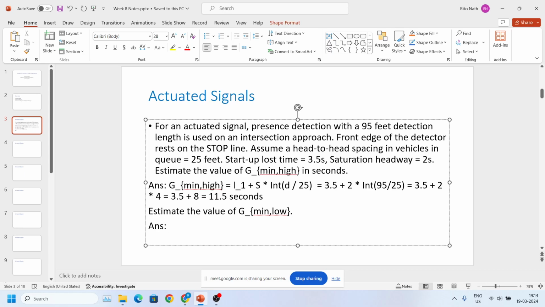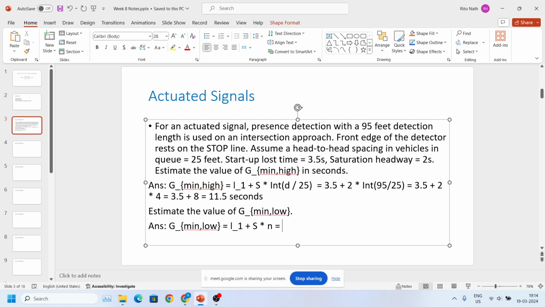So here for Gmin low, I think this was discussed in one of the problems this week, where one of the steps was finding out this Gmin low. So here you can write Gmin low as L1 plus, here it's 2 because the saturation headway is 2, S times some value which is N. And this N is something that you have to find out.